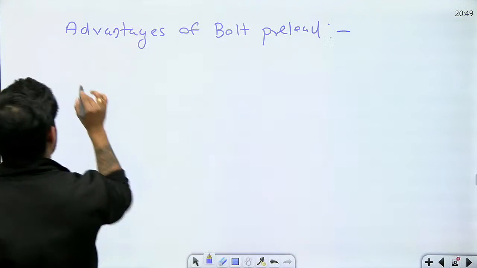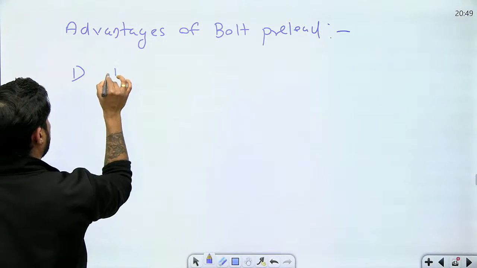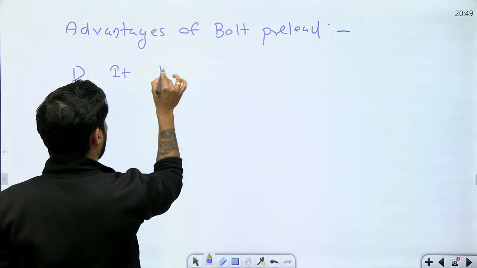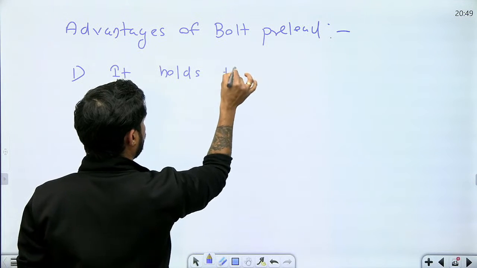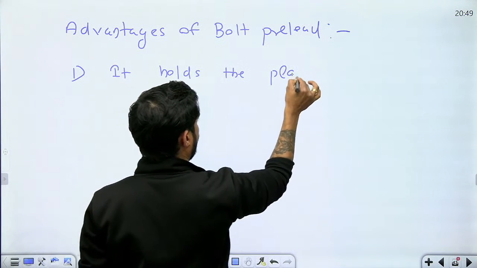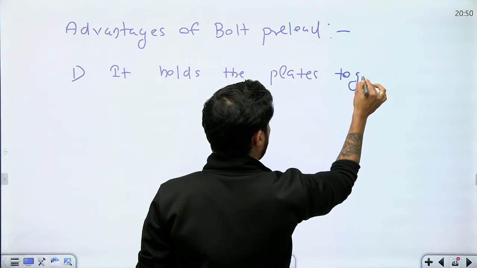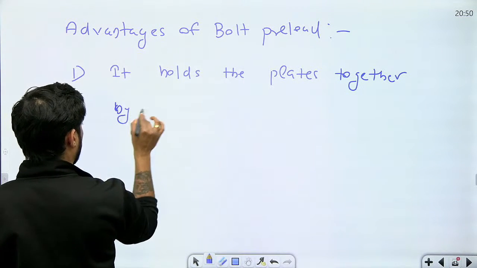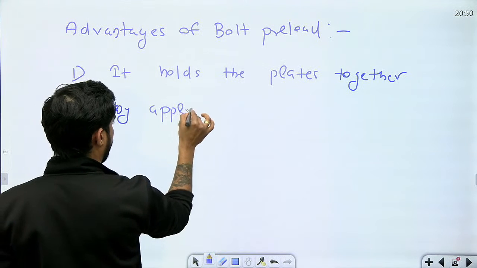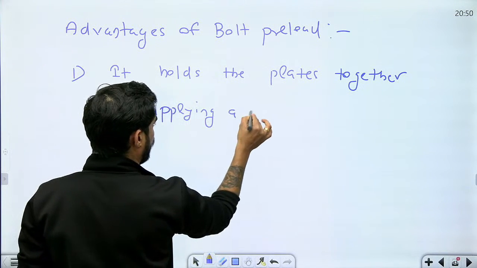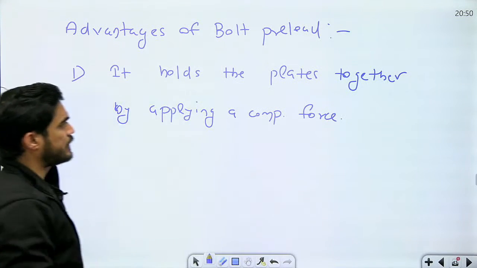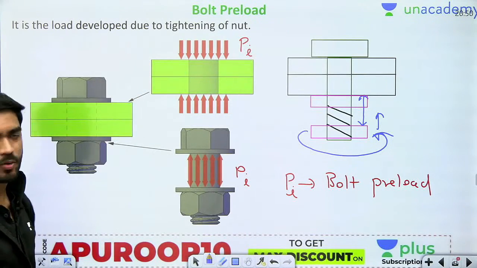क्या है दो बहुत इंपॉर्टेंट एडवांटेज? One is it holds the plates together. It holds the plates together by applying a compressive force. एक तो जो compressive force है, that is holding the plates together.